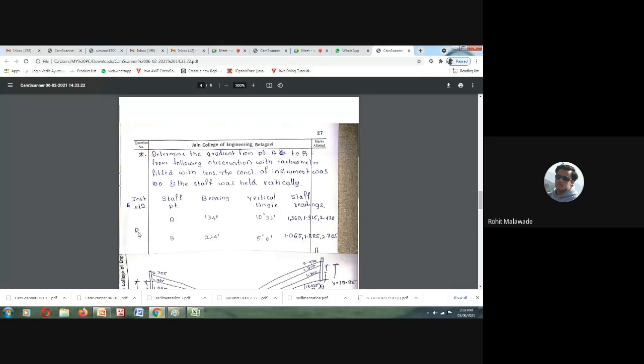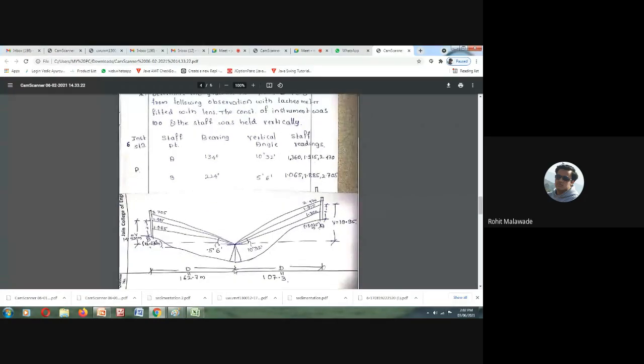Now, the instrument station is P, and the staff will be held at A and B. They have given the bearings, that is 134 with A, and 224 is the bearing with B. They are not in the same line, they are in different lines. So that is the reason why they have given you the bearings.